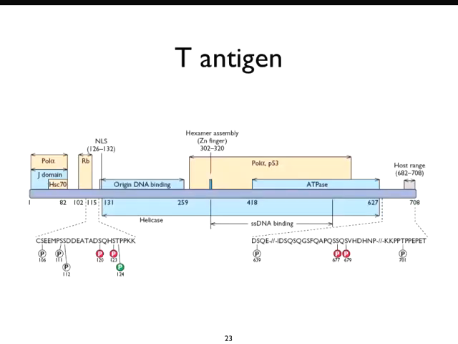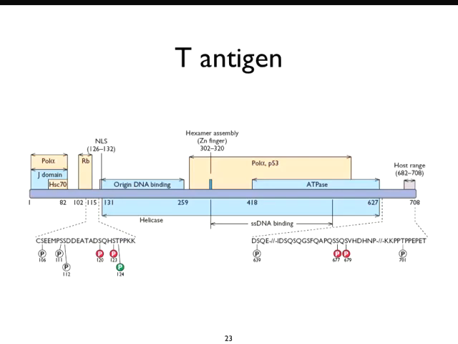And so here's T antigen as a schematic. It's a large protein, 708 amino acids, and it has all of these various protein domains that are important for interaction, for example, with polymerase alpha of the host, p53, a cell cycle regulator. It has an ATPase activity. It has single-stranded DNA binding activity. It's a helicase. It opens up DNA.